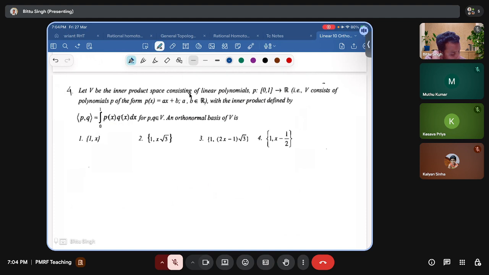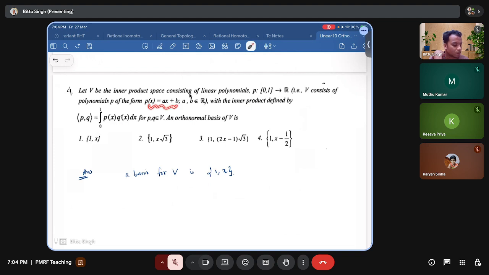So note that a basis for this space is 1 comma x, right? You can always write this kind of polynomial as a linear combination of x and scalar 1, ax plus b. So this space is generated by this basis.